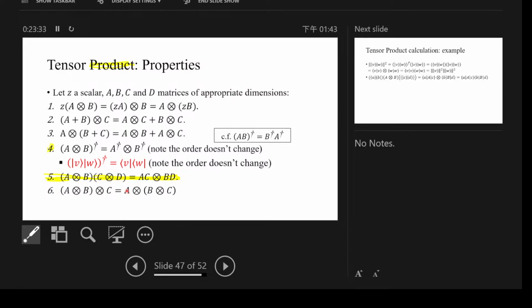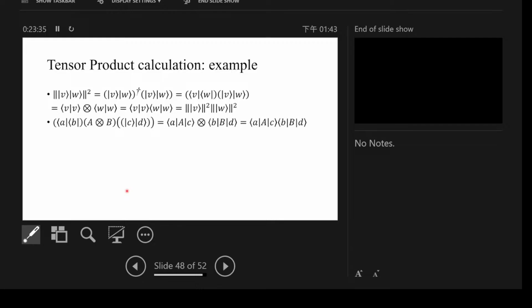Okay, and I think this is the last slide. Here are some calculation examples. So you have V and W, V tensor W, and you want to calculate its norm squared, which is its inner product with itself. So it's the dual of it multiplying with itself.